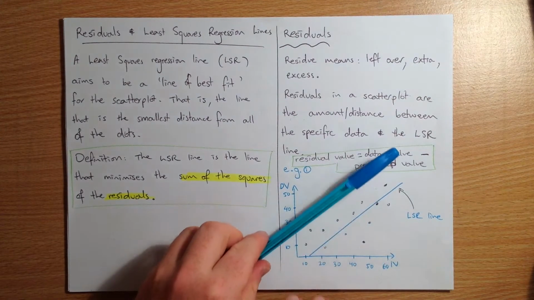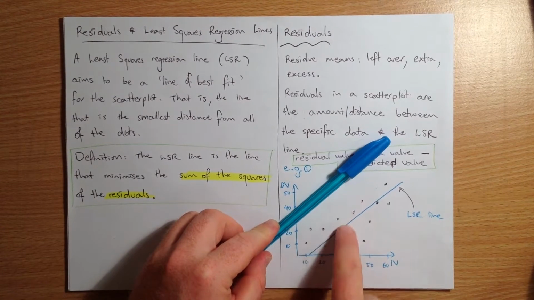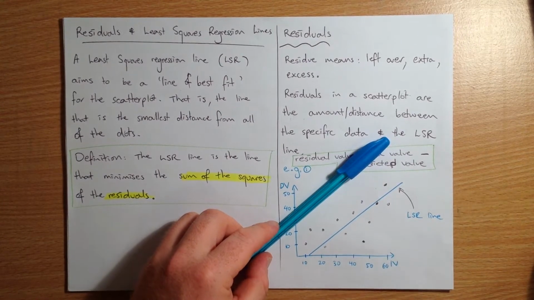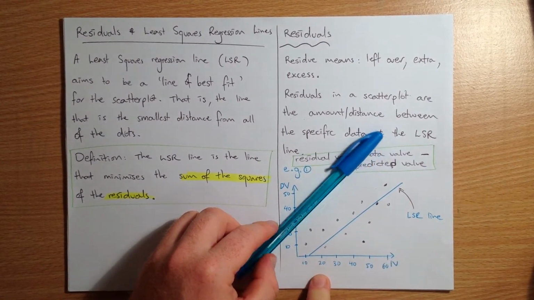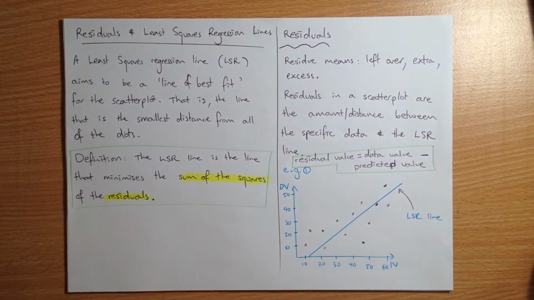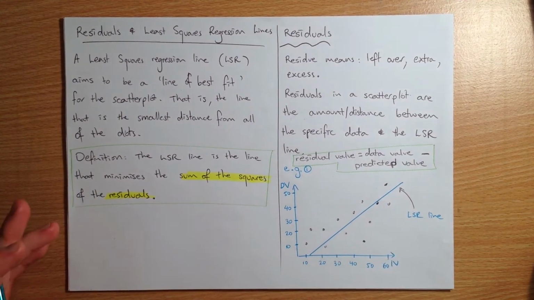For instance, if I had a line here instead of where the blue one is, then the distances would be a lot greater, and therefore when we squared them they'd be a lot bigger as well, and the total distance of all the dots would be a lot further away from this line than this line. So we're trying to find the line that is the closest on average to all of the pieces of data.